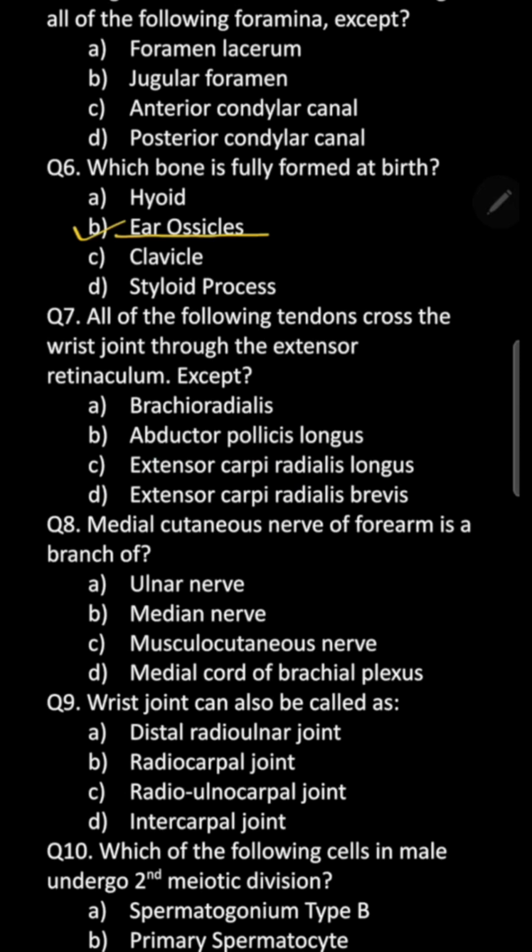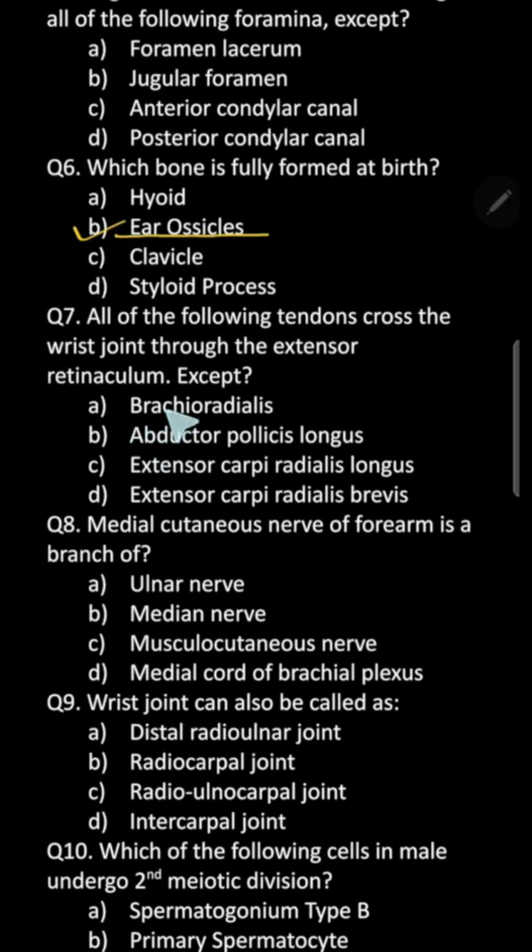From the second compartment, it is extensor carpi radialis longus and extensor carpi radialis brevis. From the third compartment, it's only a single muscle, and that is extensor pollicis longus. To the fourth compartment, it's the extensor digitorum along with extensor indicis. To the fifth compartment, it is the extensor digiti minimi. And to the sixth compartment, it's extensor carpi ulnaris.